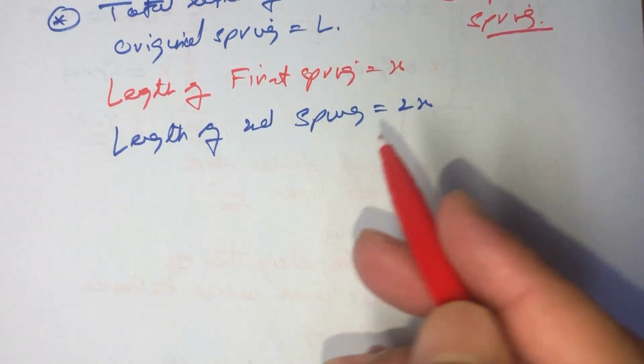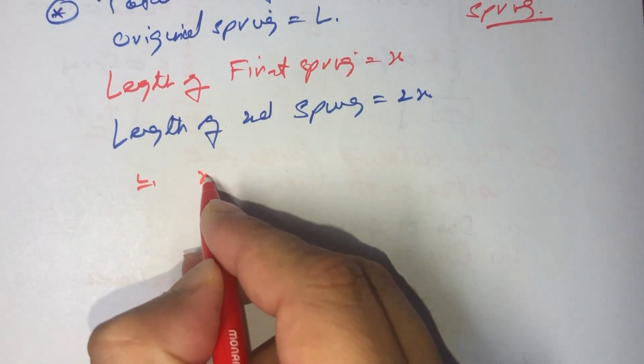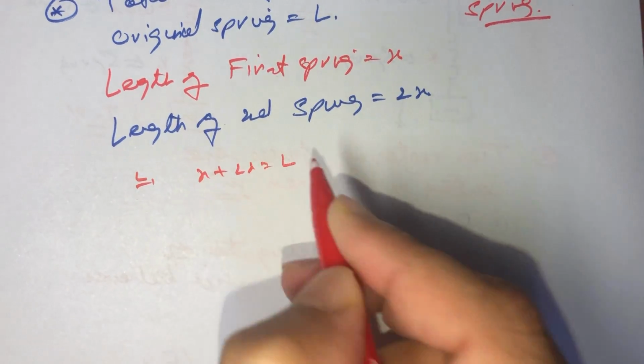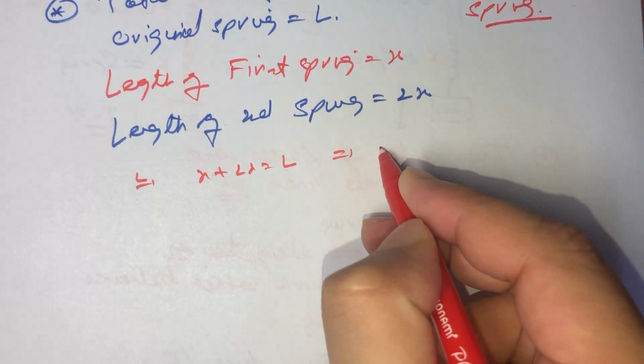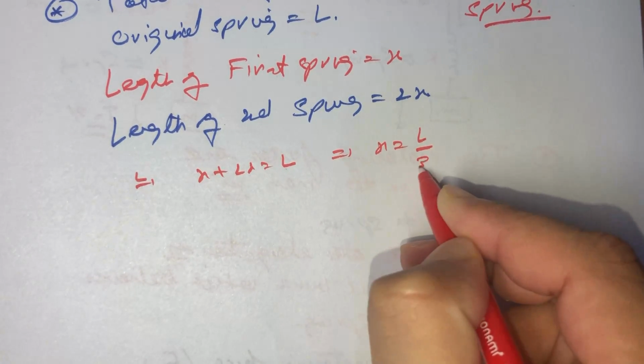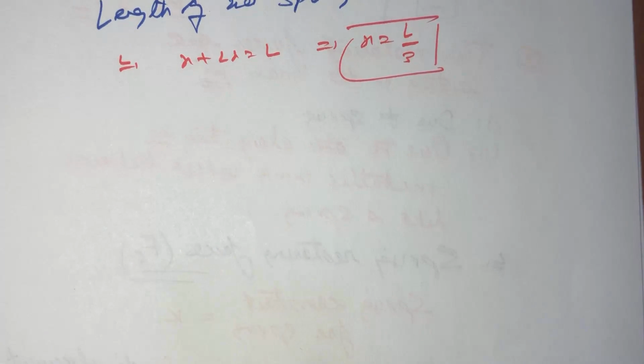Therefore, we can say that x plus 2x is equal to L. So from here we can write that x will be equal to L by 3. So we can write the length of the springs in terms of L.